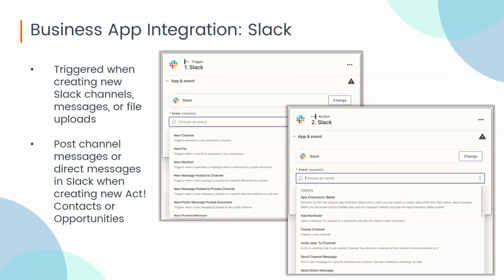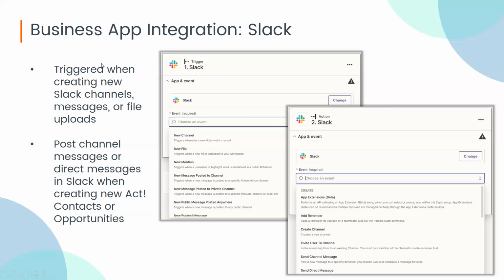All right, and the next one I want to show you is a connection between Act and Slack. Now, a lot of you use Slack. It's a communication tool between you and your coworkers or friends or really anybody. You go to Slack and you can create an account there and invite people to participate in chat channels where you can collaborate and communicate there.